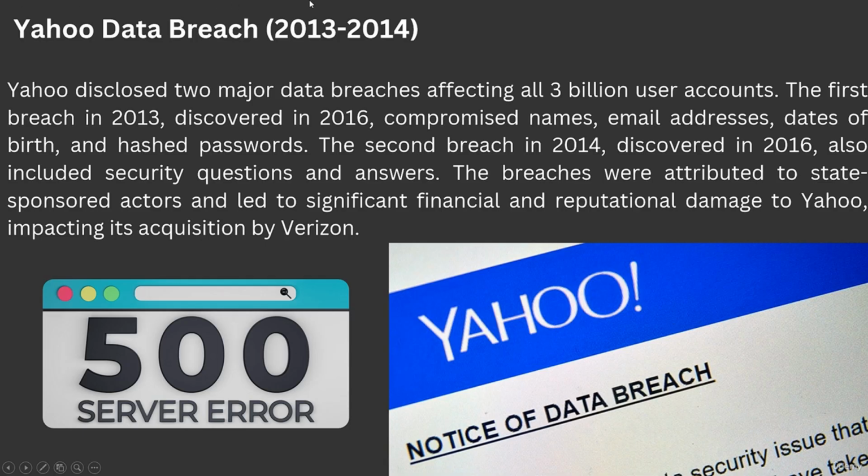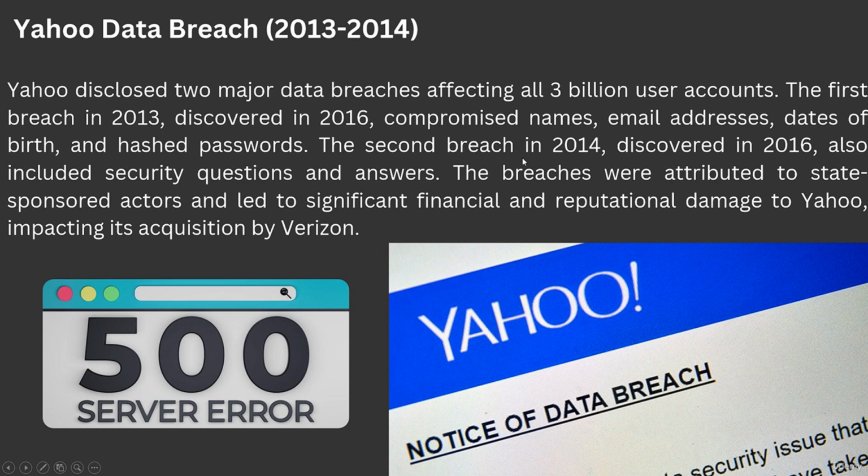And next we have the Yahoo data breach, which was in the years 2013 to 2014. Yahoo disclosed two major data breaches affecting all 3 billion user accounts. The first breach in 2013, discovered in 2016, compromised names, email addresses, dates of birth, and hashed passwords.